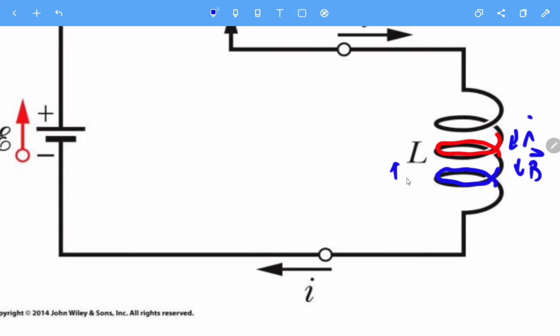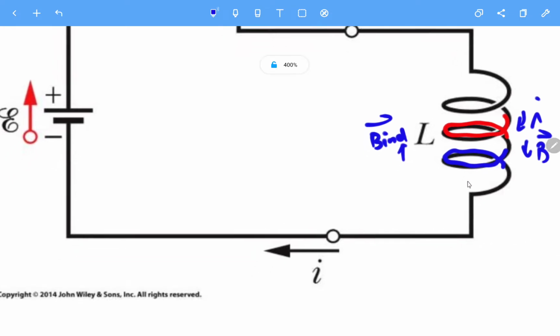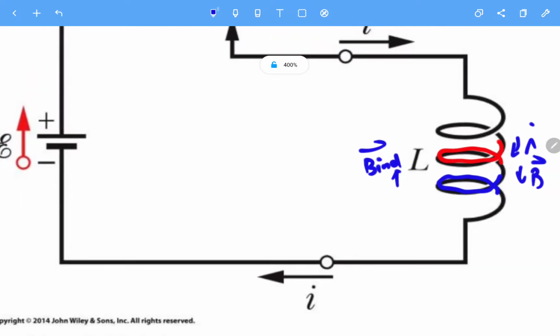So the induced B field is pointing upward to cancel some of the B field, and of course there will be some EMF. So it looks like this inductor will have a voltage drop across it, or the EMF is the other way around, like the induced EMF.